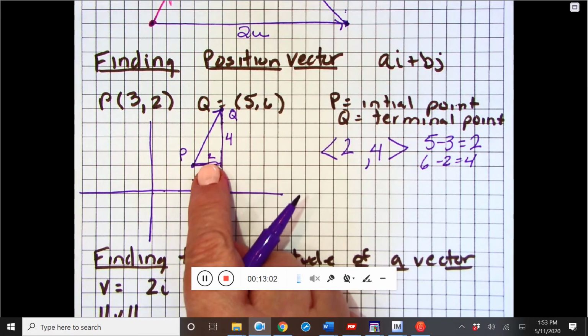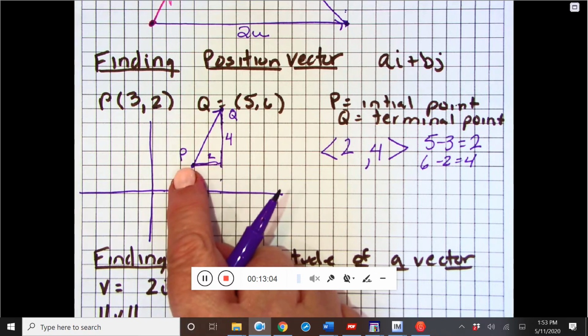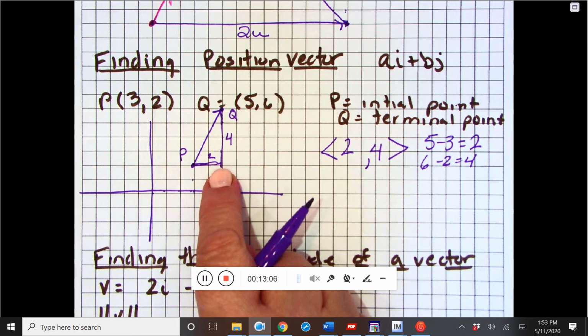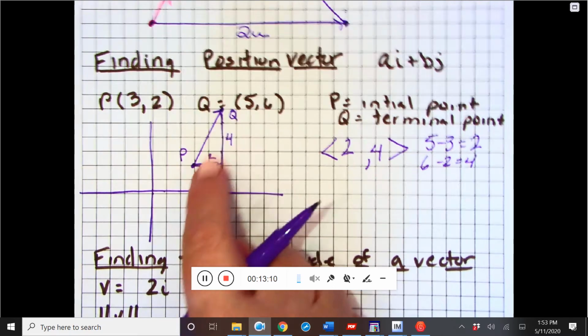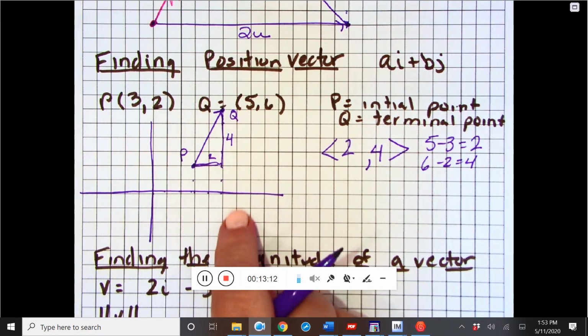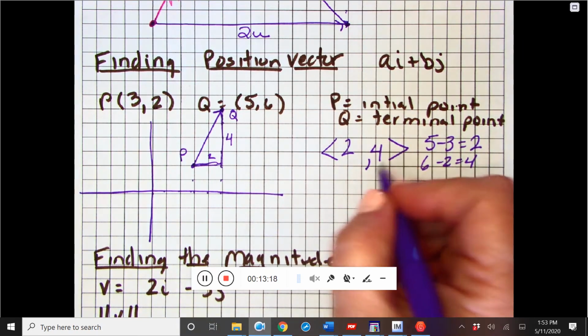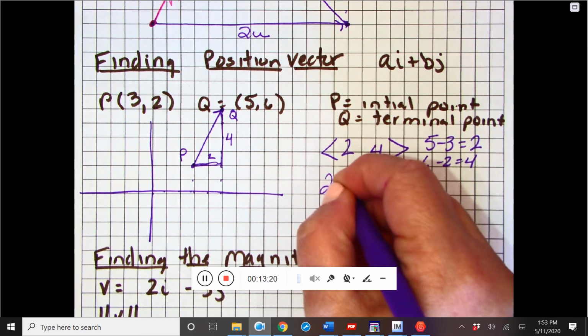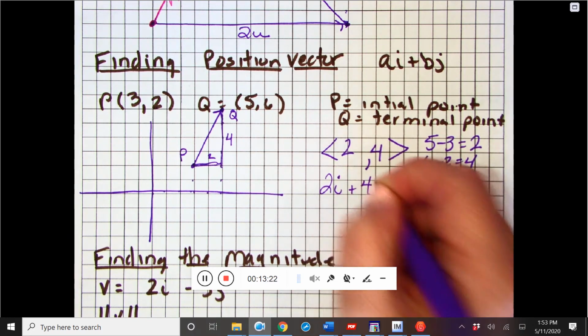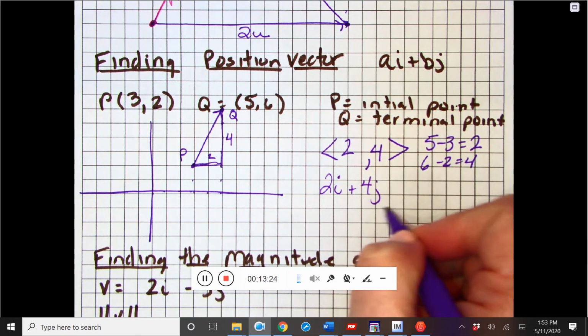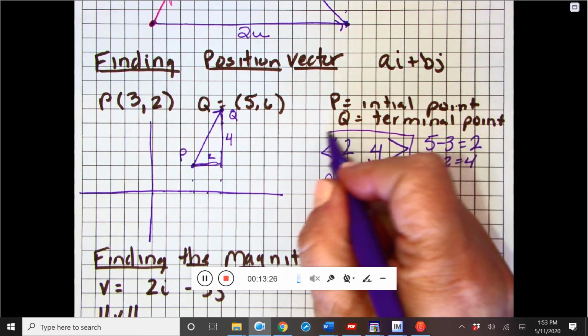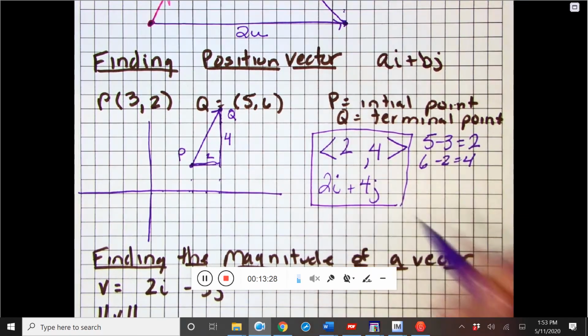The horizontal component is positive 2 because I went in the positive direction, and the vertical component is 4 because I went up 4 units. If my vector went the other way, my vertical component would be negative. Okay, this can also be written in the form 2i plus 4j. These are both different ways to write vectors.